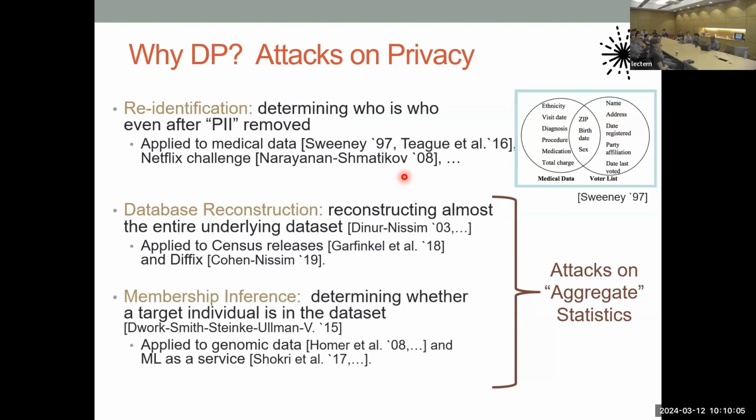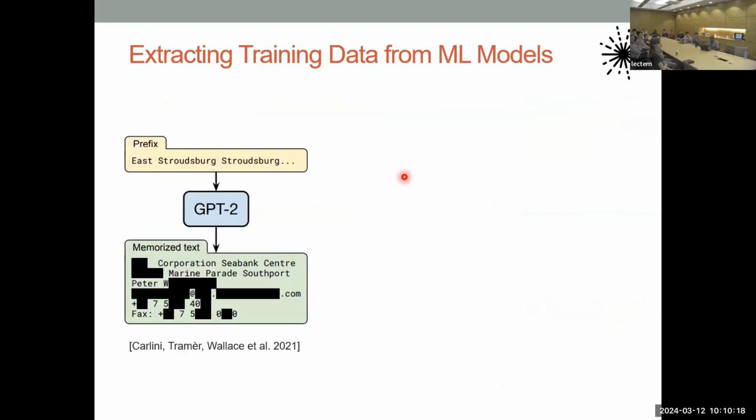Okay, and there are also things called membership inference attacks that have been shown to be a concern in genomic statistical publications, like the web interface I showed earlier, and machine learning services produced by the tech industry.